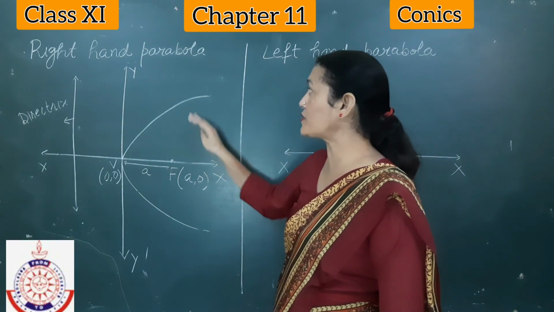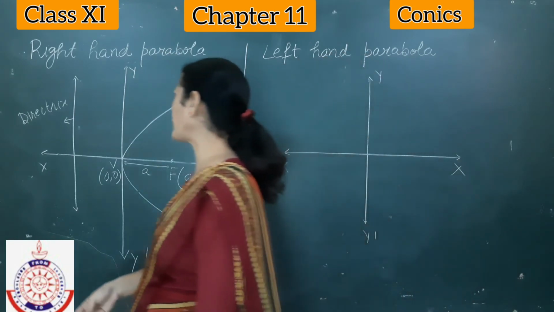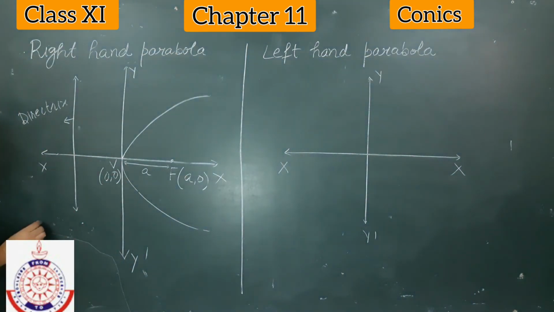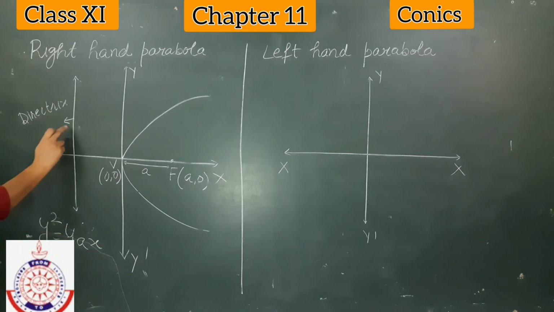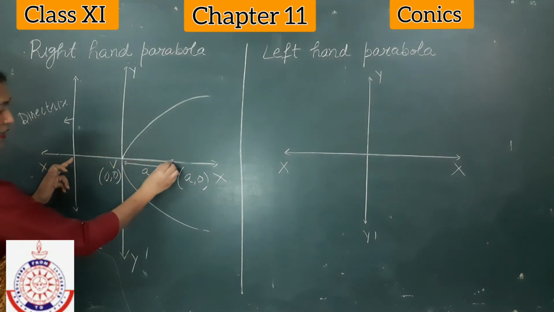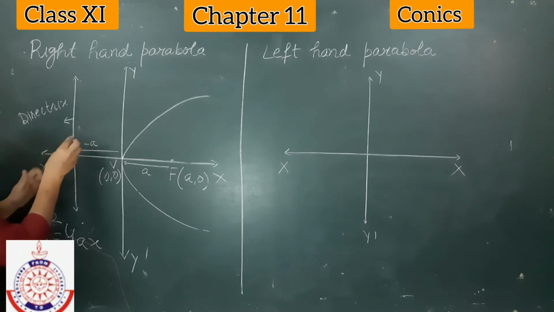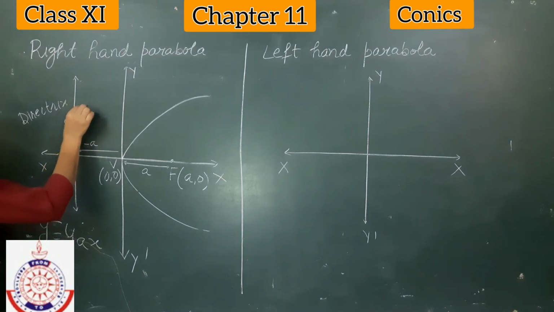In this case it is called a right hand parabola. Then the equation of the parabola will be y square equals 4ax, and the directrix, if this is a units, then this will be minus a. So the directrix will be x equals minus a.